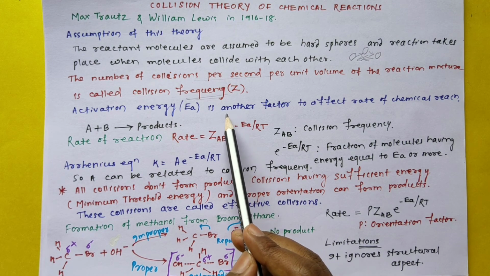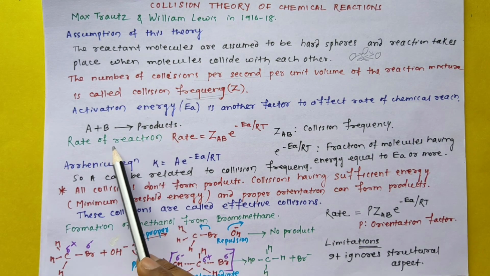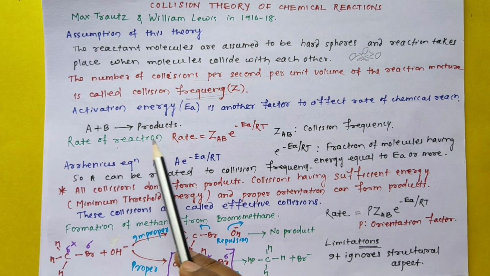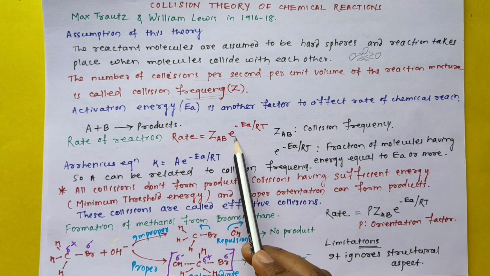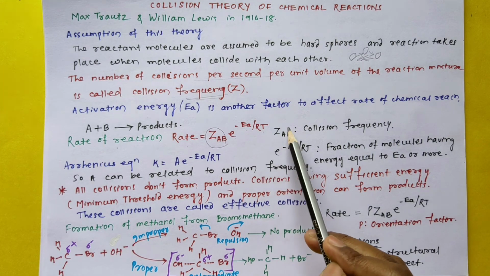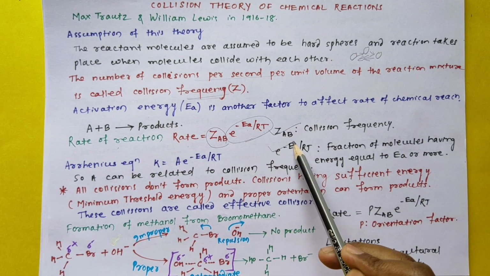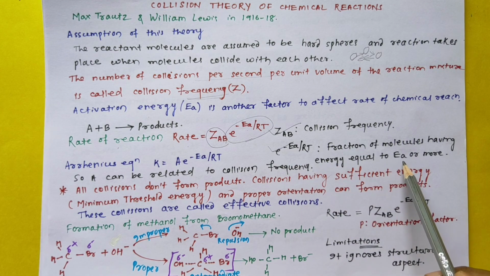So let's see a hypothetical chemical equation. A plus B forms products. Here the rate of the reaction is equal to how much? Rate is equal to ZAB e to the power minus EA by RT, where ZAB is the collision frequency, and e to the power minus EA by RT is the fraction of molecules having energy equal to or more than EA.